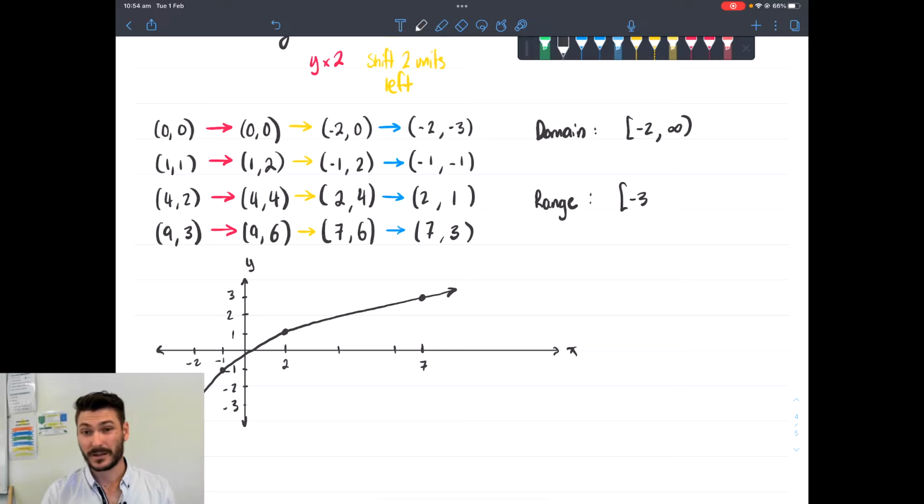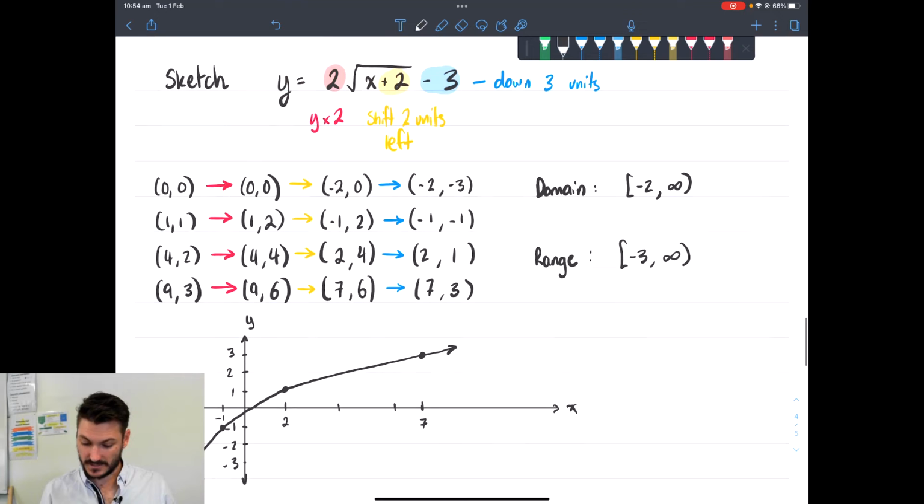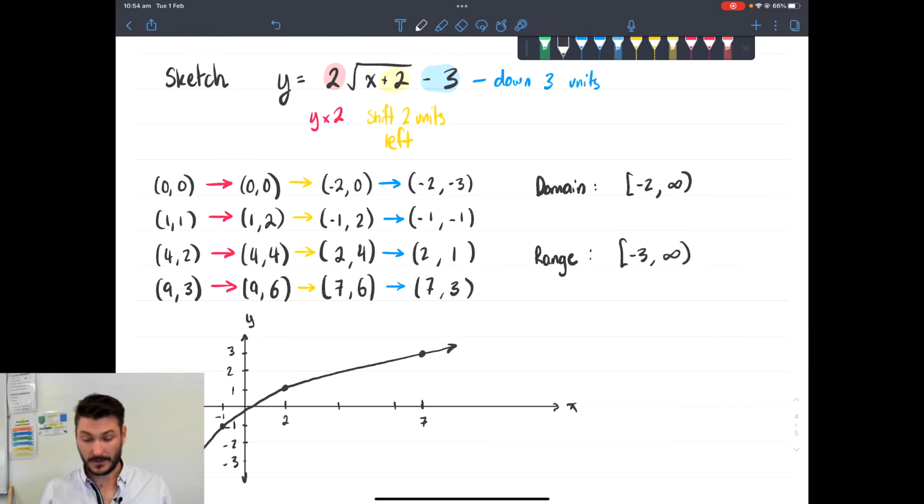So -3 there for the bottom of the range, all the way up to positive infinity. Because despite looking like it's going to keep going and then stop, it actually doesn't. If you give a big enough x value, the y value will approach infinity in this case. Okay, so there we go. That's sketching the radical here.